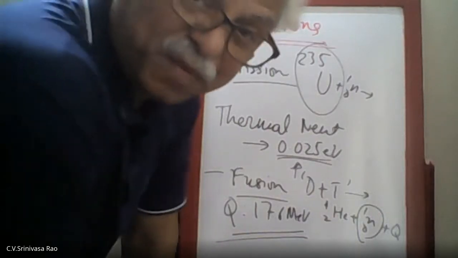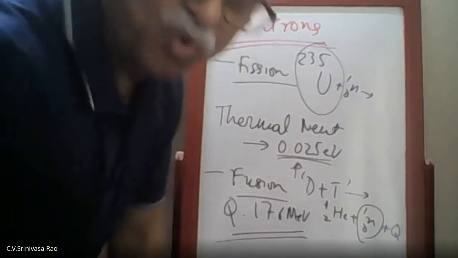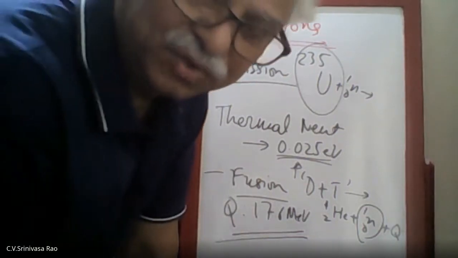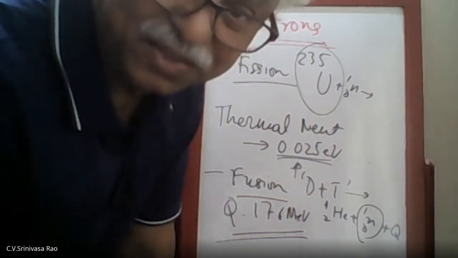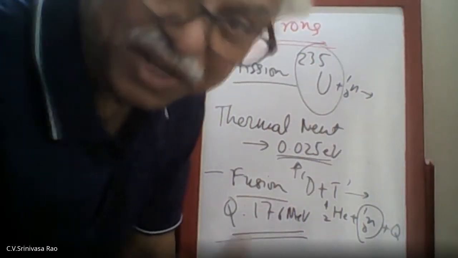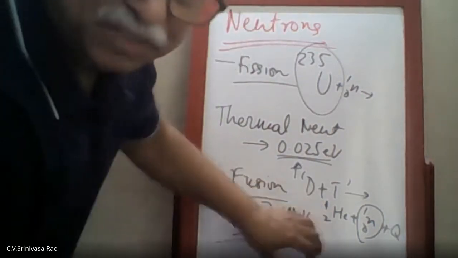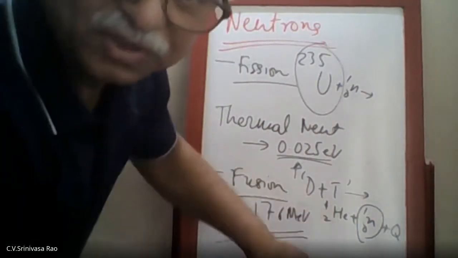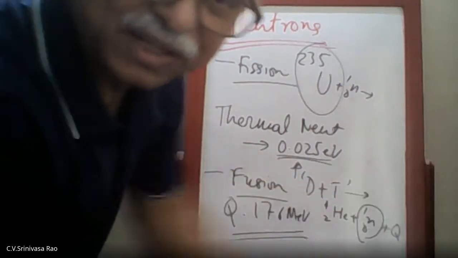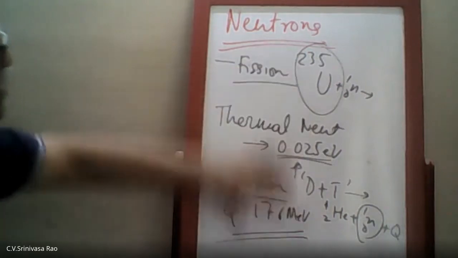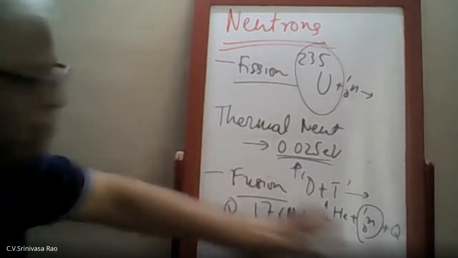So in the fusion process, most of the fusion energy is in the neutrons. So you have to be an expert in neutronics, the study of neutrons, to be able to extract this fusion energy from the neutrons and convert that into electrical energy. So you will see that neutrons play a huge role in both the fission and fusion processes.